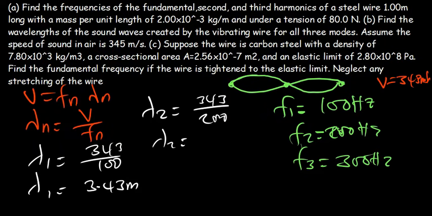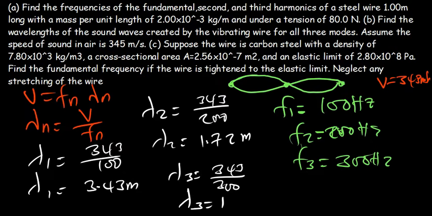Lambda 2 will be equal to 343 divided by 200. That is 1.72 meters. Then again, lambda 3 will be equal to 343. I'll use now 300. So it will be 343 divided by 300. That is lambda 3 will be equal to 1.14 meters.